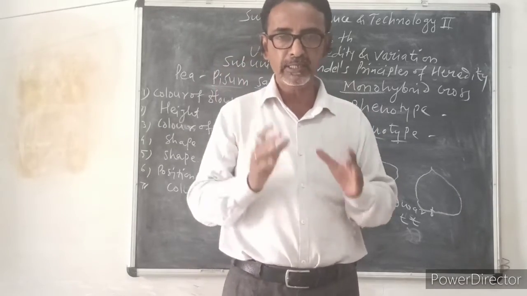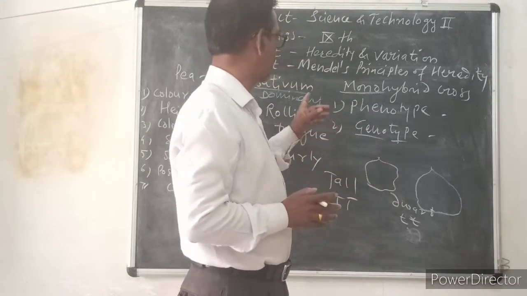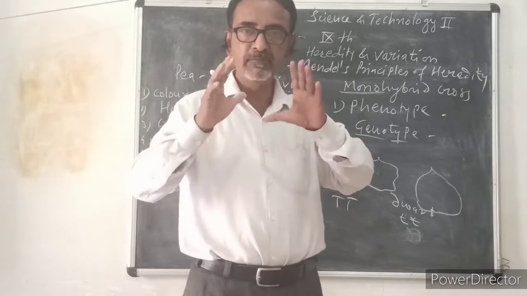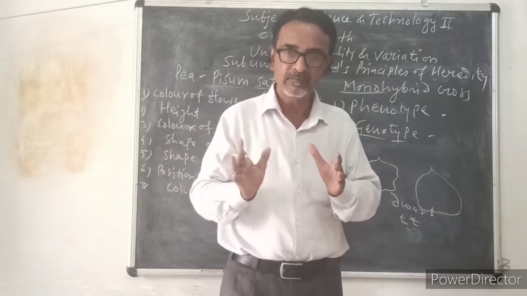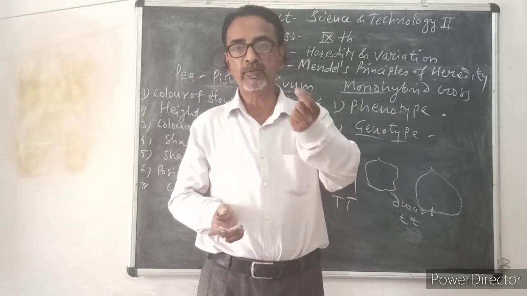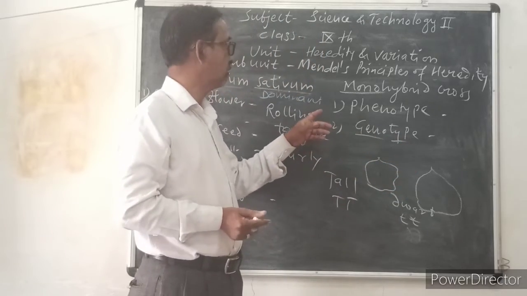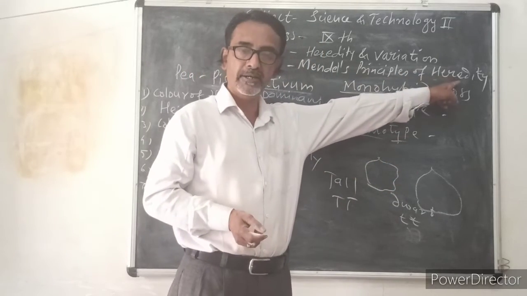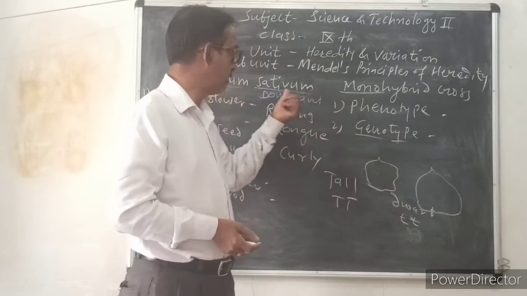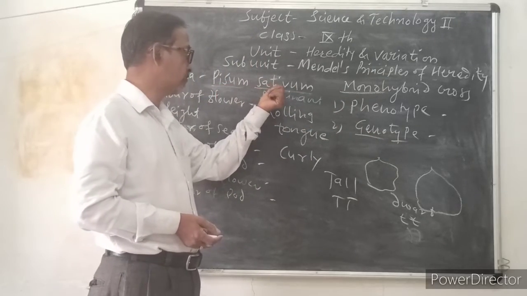So we have seen today about RNA, the difference between DNA and RNA, then types of RNA according to their functions. Then we started Mendel's principles of heredity. Who was Mendel and on which plant he worked? The plant is Pisum sativum.